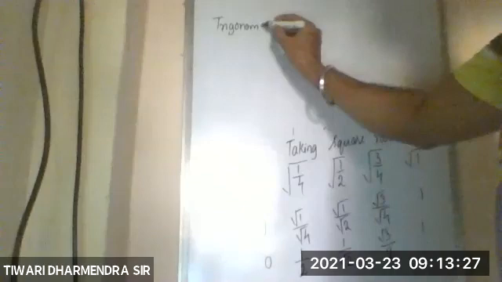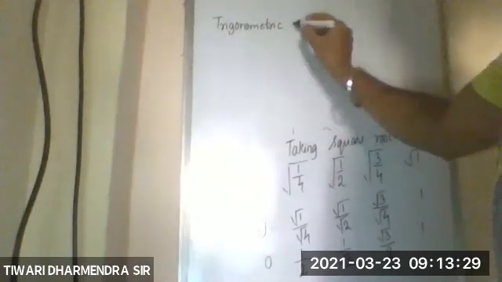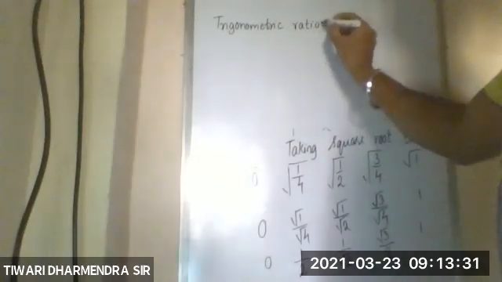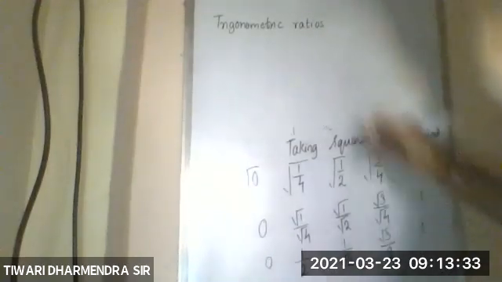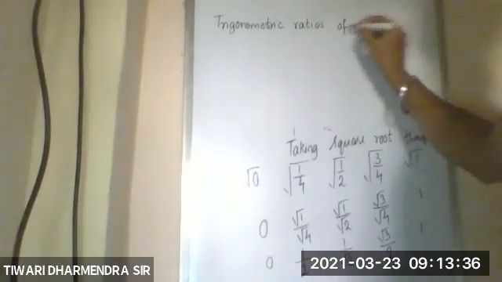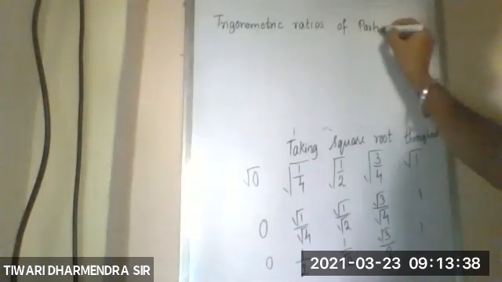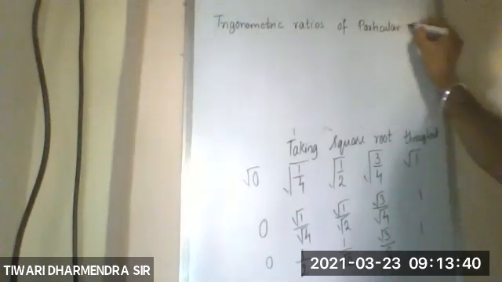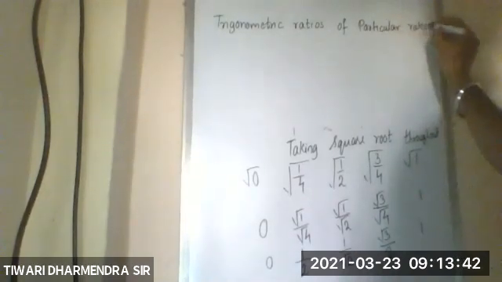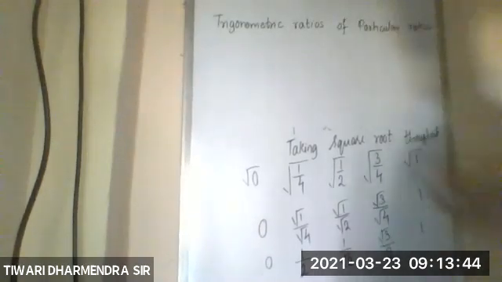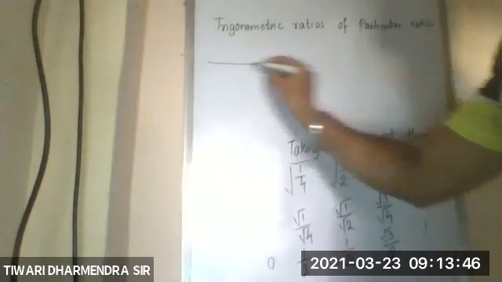Trigonometric ratios of particular angles. First, we will make a table.